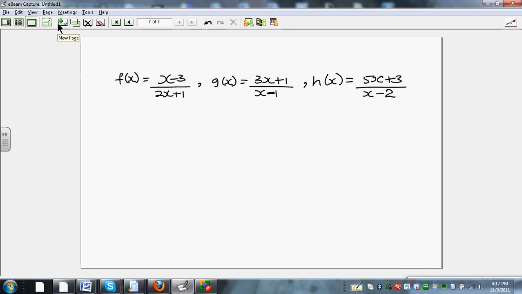Okay, you have those three functions. And the first question they asked was, evaluate f of a half. Then they asked us to find also h of minus 2, in part A: evaluate f of a half and h of minus 2.